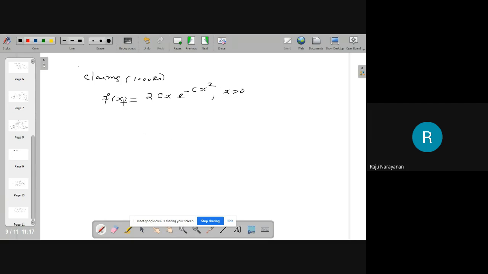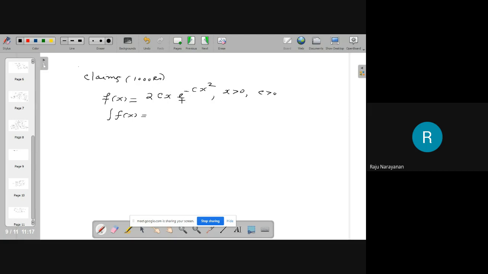Okay, first let us see whether it is a PDF. Of course, when c is greater than 0, this is positive. For x greater than 0, what is integral fx? I suggest you do this using R.